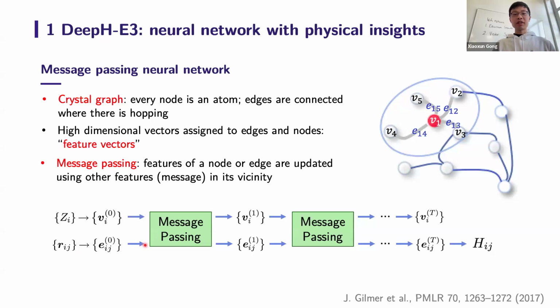And then we do several message passing steps and iteratively update our nodes and edges. And then in the final layer of the message passing neural network, we take the output edge feature as our hopping between two atoms, between atomic orbitals centered on two atoms.